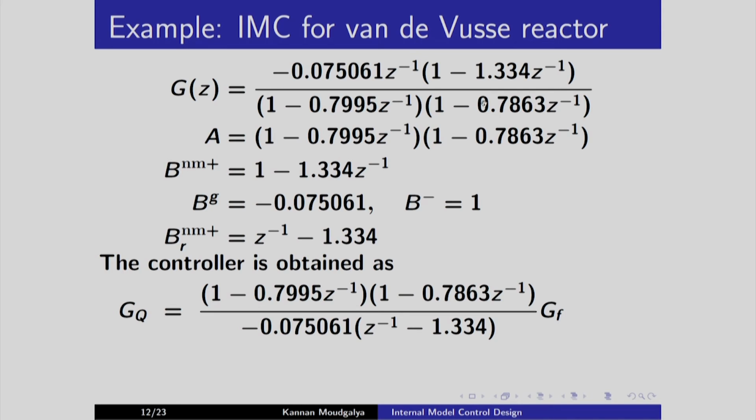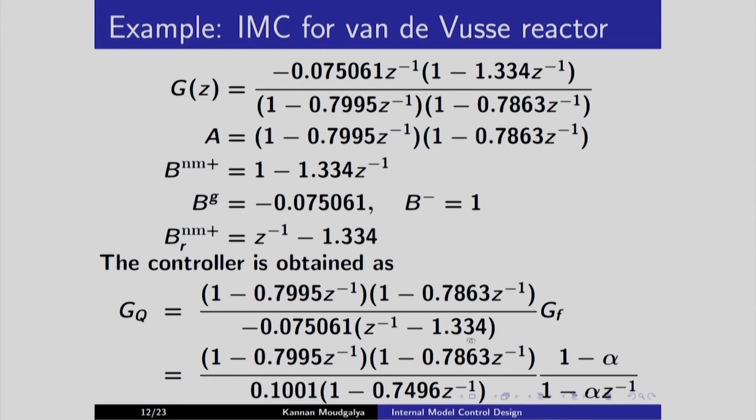Now the controller is obtained as the reciprocal of all this except this Z inverse. So what is in the denominator goes to the numerator, and in the place of this we put the reciprocal polynomial here, into GF, that is the low pass filter, which is written as 1 minus alpha over 1 minus alpha Z inverse.